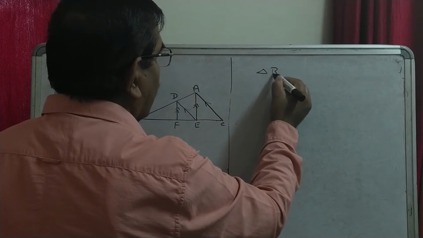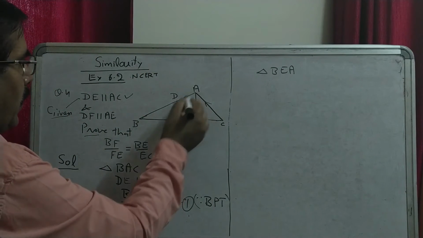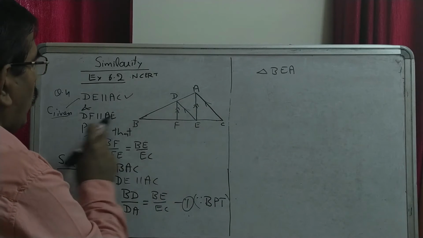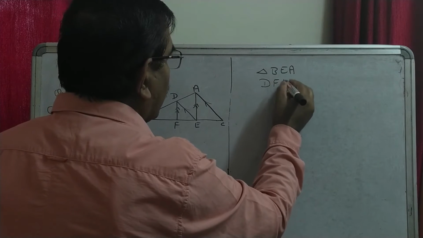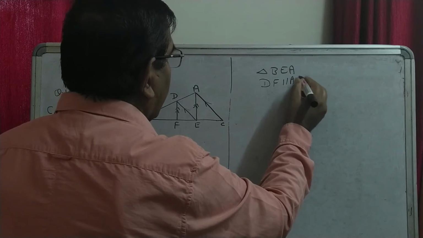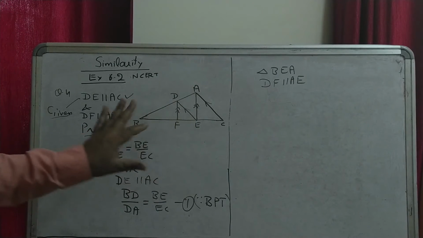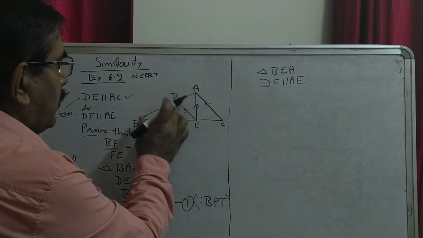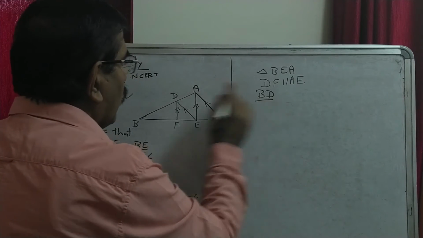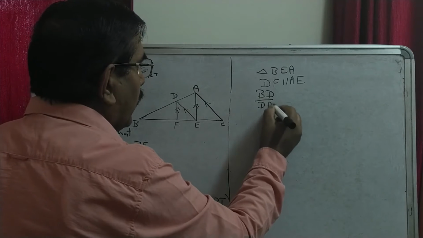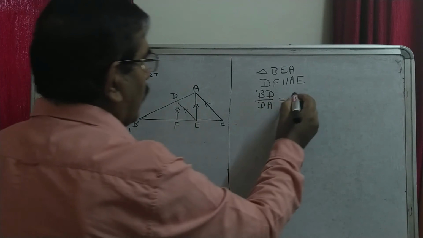So I am taking the triangle BEA. Now see, in this triangle BEA, what is given to you here? DF is parallel to AE. So you can see easily here DF is parallel to AE. From where again, if you apply BPT, you get BD over DA is equal to BF over FE.